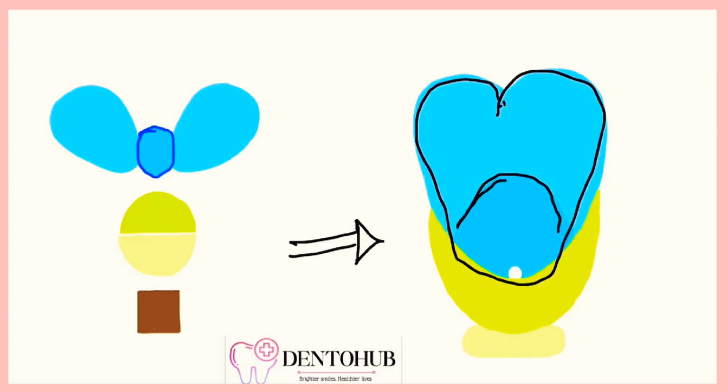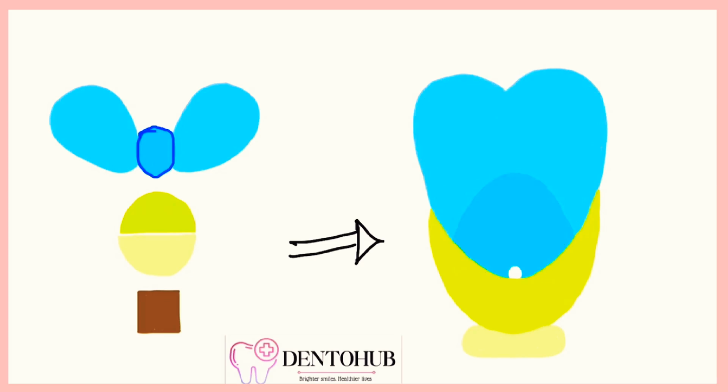As they merge and grow, they form the anterior two-third of the tongue. That is the important point: the anterior two-third of the tongue is formed from the first pharyngeal arch, from the tuberculum impar and the lateral lingual swellings.